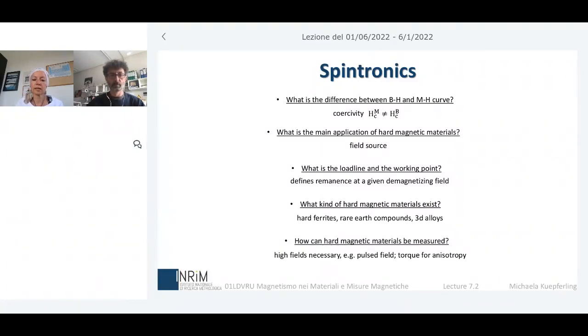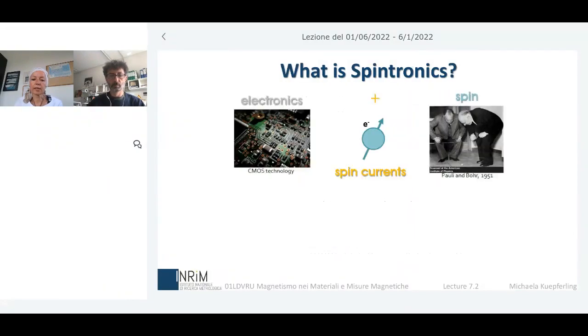We said we need about 3 times the coercivity in order to reach more or less saturation. And this can be fields up to 6 or 7 Tesla. So you can, for example, use a pulsed field technique, which goes up to these very high fields. But this is only as an example.